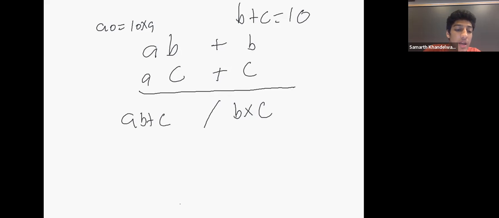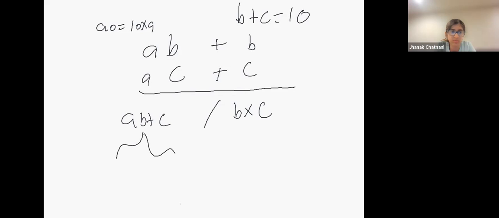Now I want to look at this number, AB plus C. What is this AB plus C? What does AB equal to? I just need one addition formula for AB.